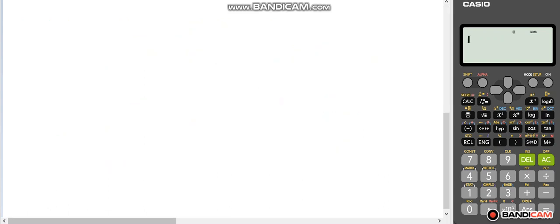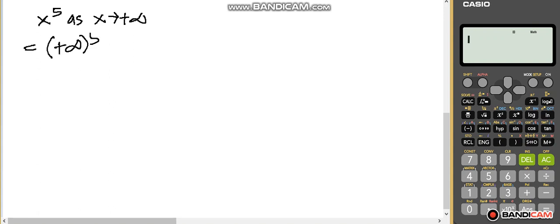Okay, so what would be the value of x raised to 5 as x approaches positive infinity? Ang gagawin lang natin, isa-substitute natin yung infinity doon sa x. So this will become positive infinity raised to 5.